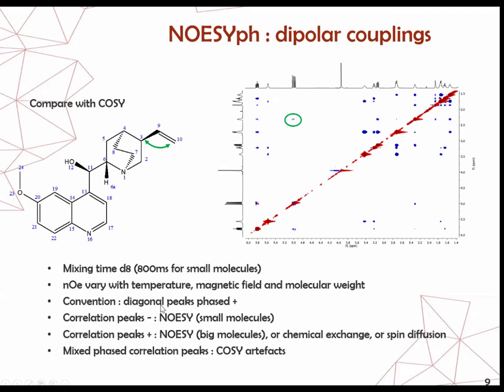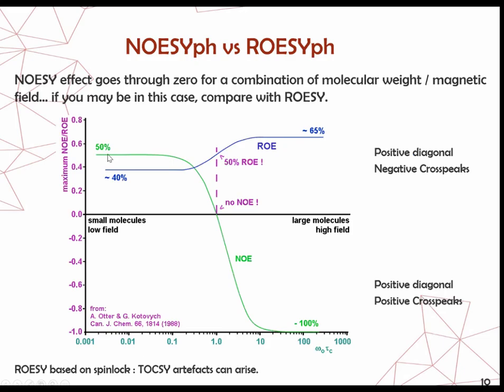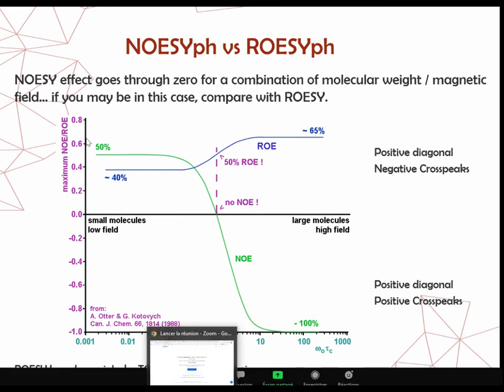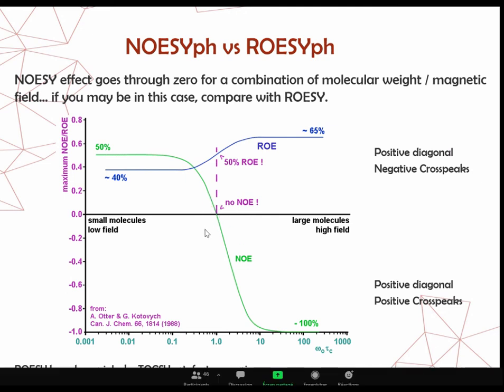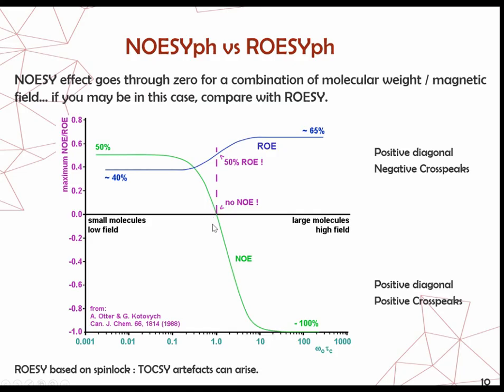So be careful with big molecules, because as I told you before, the nuclear Overhauser effect will decrease with the size of the molecule or with the field of the spectrometer, and in some range you will get no nuclear Overhauser effect, or a negative one.